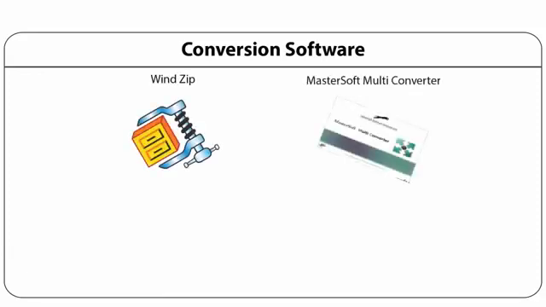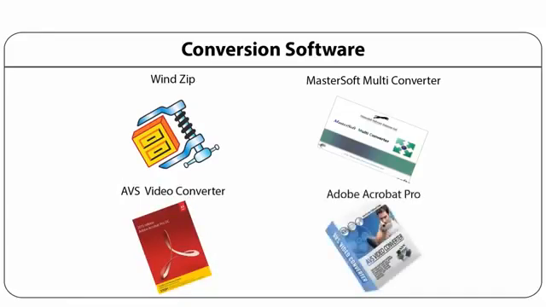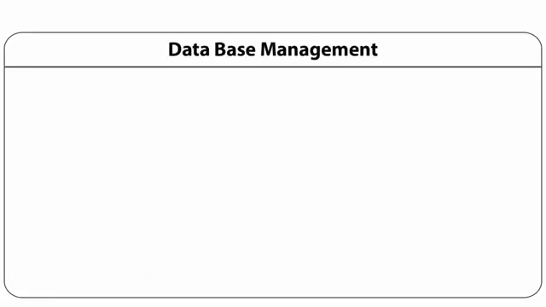Conversion software. The most commonly used data conversion software are WinZip, Mastersoft Multi-Converter, AVS Video Converter, and Adobe Acrobat Pro. WinZip is a lossless converter. AVS Video Converter is a video converter. Adobe Acrobat Pro is a PDF converter. The eighth one is database management, that is back-end software.